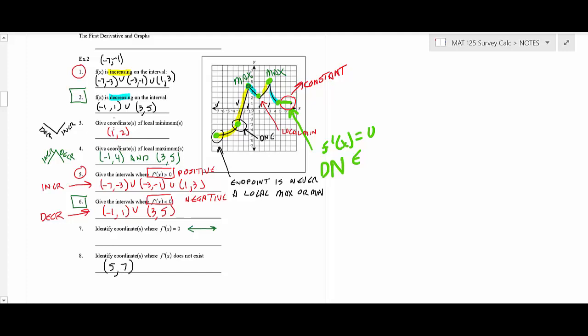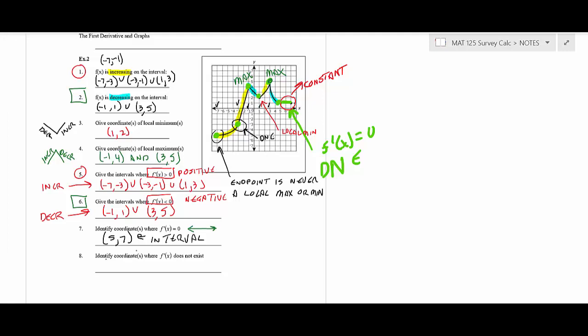Oh, hold on. That's problem number 7. For problem number 7, it's on an interval. Okay, you might want to make a note of that. That's an interval. So all of those points from 5 to 7, the tangent lines are going to have slopes of 0.